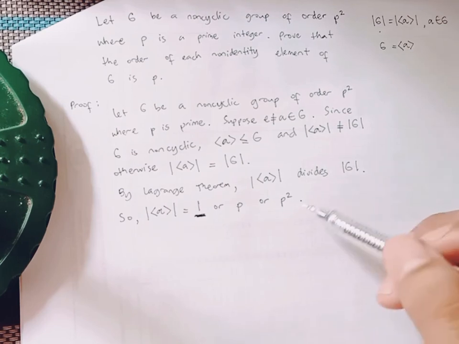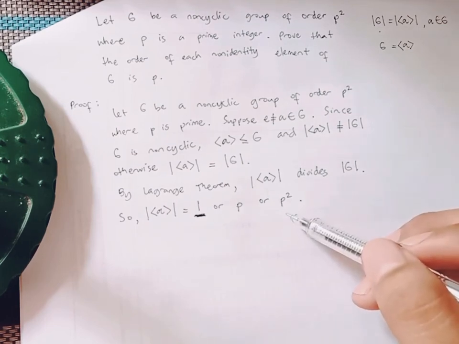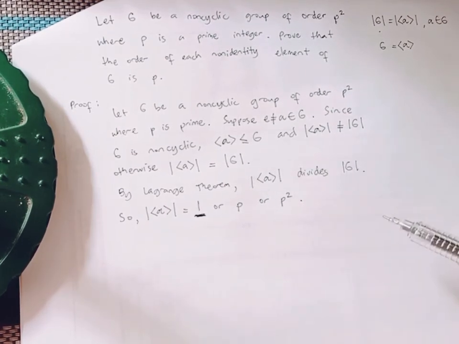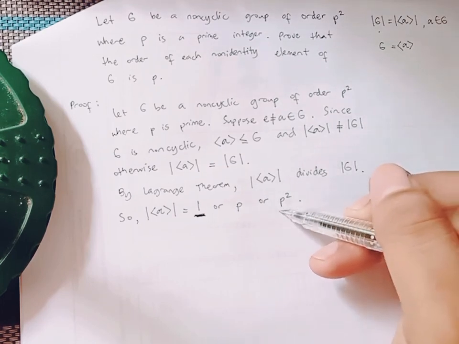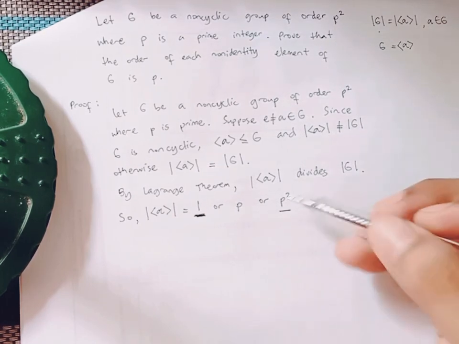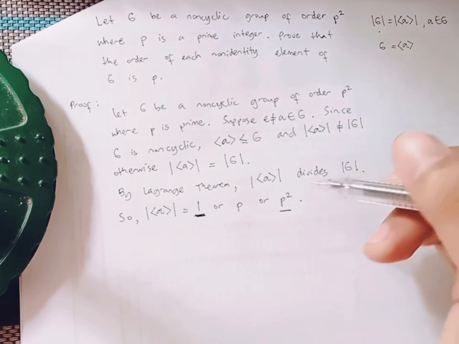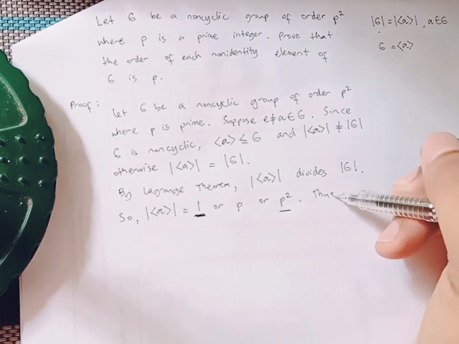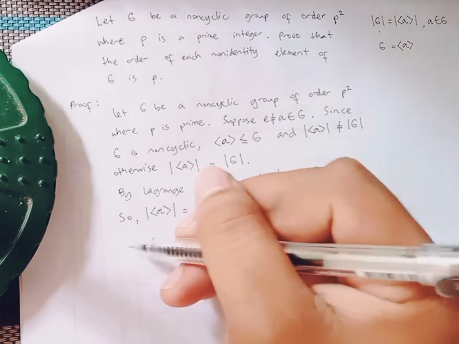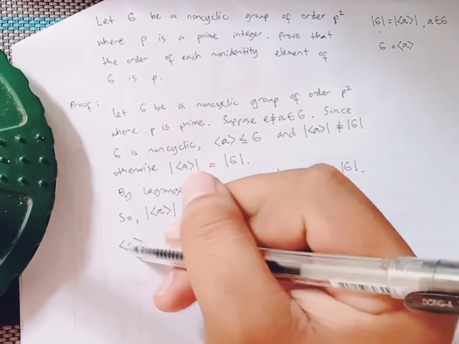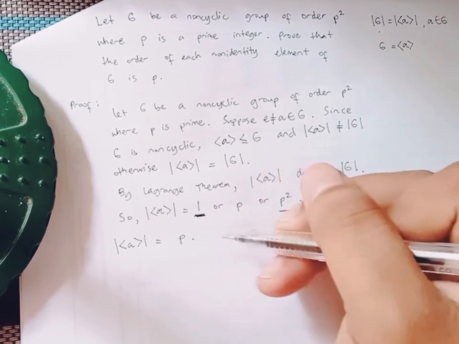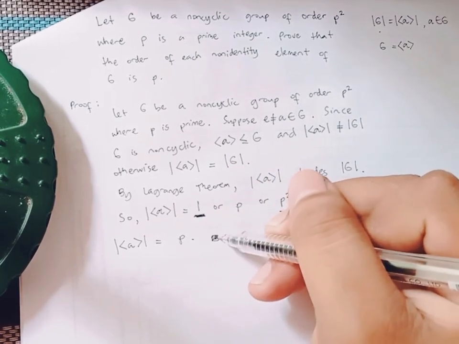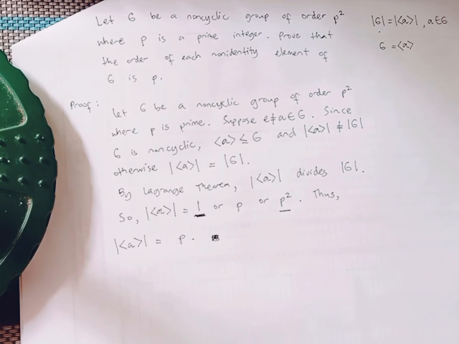And of course, because G is non-cyclic, the order of the group generated by A must not be equal to the order of G. So this one here will be eliminated. So we have no choice but to say that the order of the group generated by A is equal to p. And that would be the end of the proof.